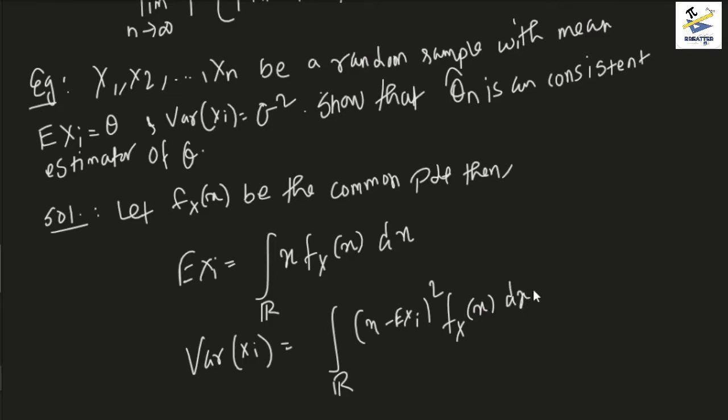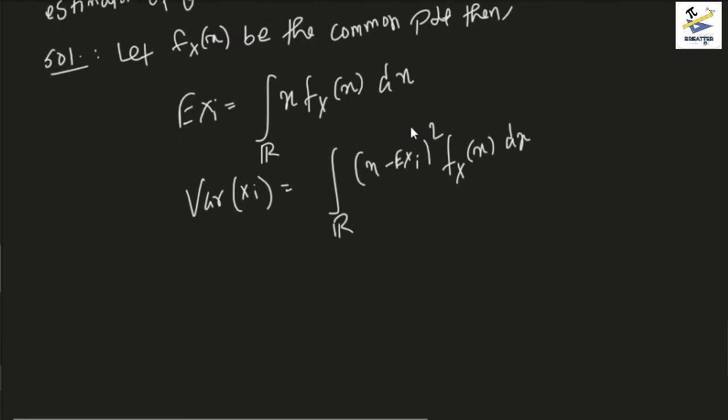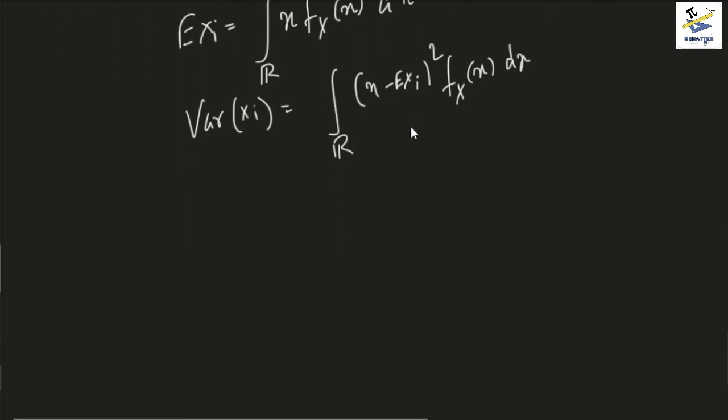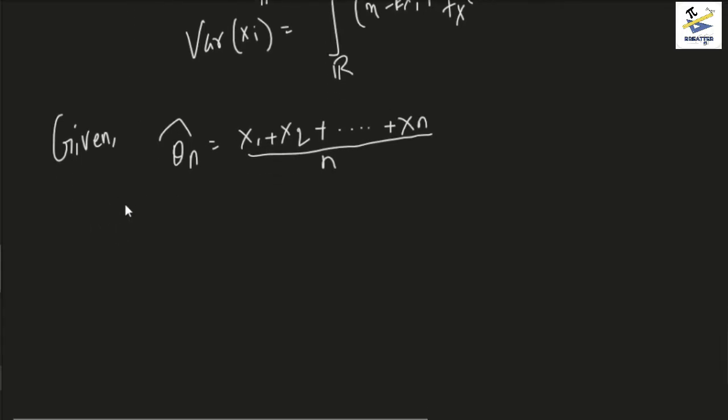Okay, and we want to show that theta n is a consistent estimator, where theta n is basically equal to the sample mean. We would like to show that this is the consistent estimator of E of xi, and let E of xi be equal to theta, which is also given.